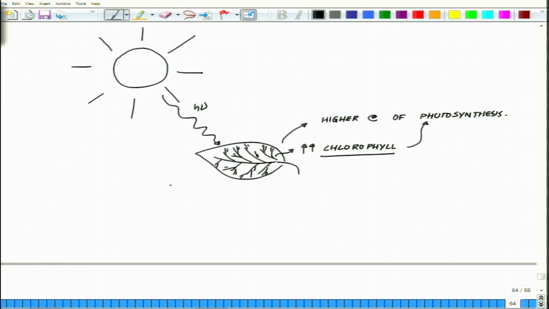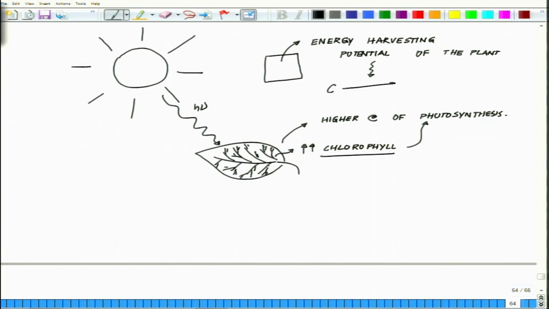So in a finite area of plant growth, you are increasing the energy harvesting potential of the plant, where you are essentially converting carbon into carbohydrate.